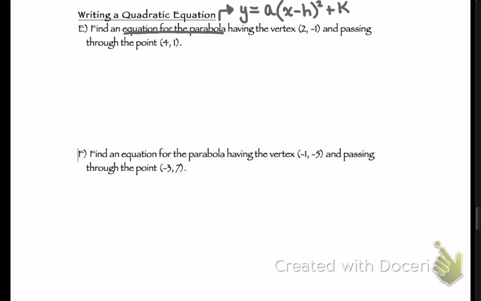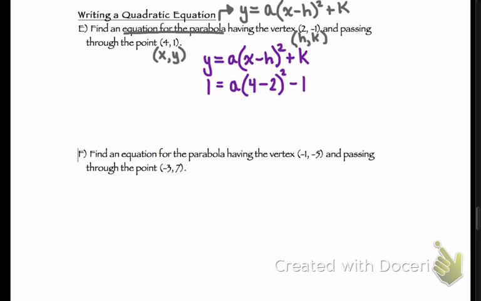So think, I know my vertex is (h, k), so I got that. I know my point is (x, y). (h, k), (x, y), there you go. I have everything but a. So what I'm going to do is take my vertex form and substitute everything that I know.